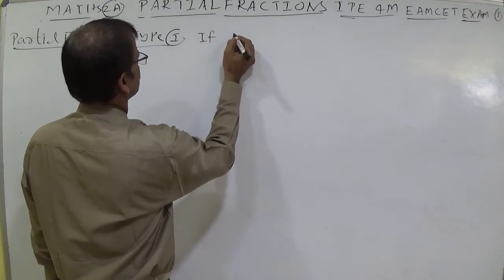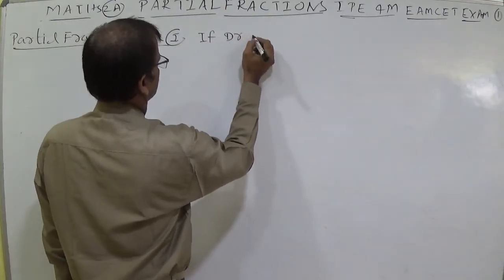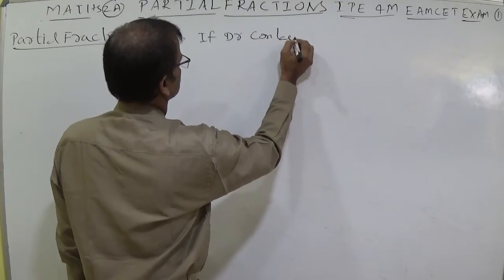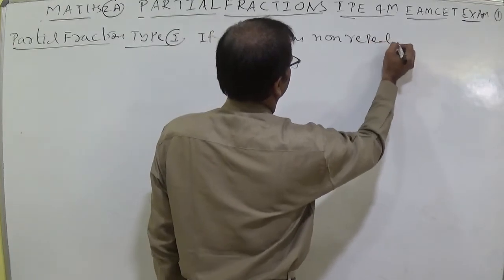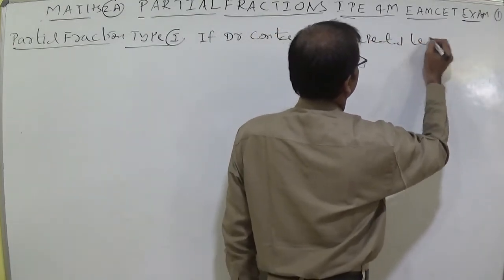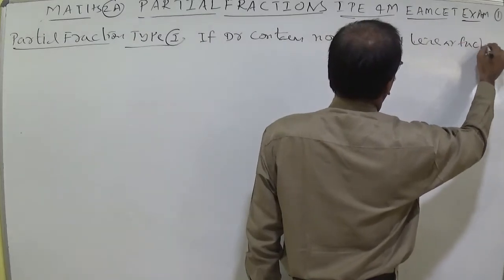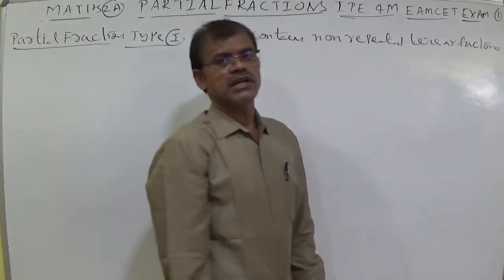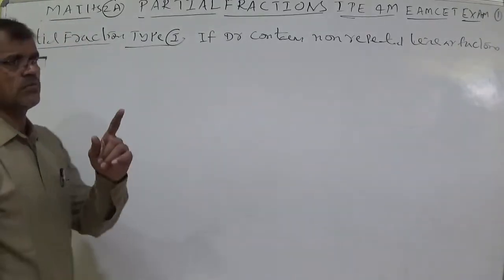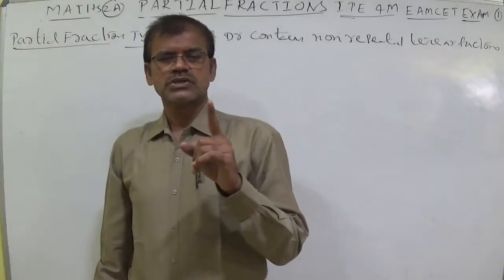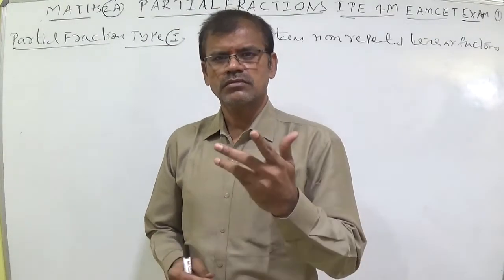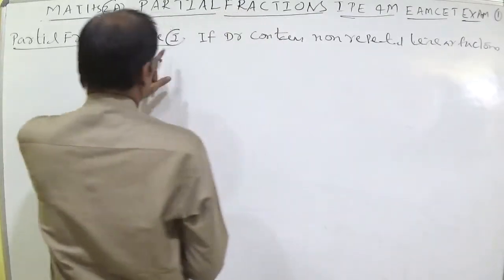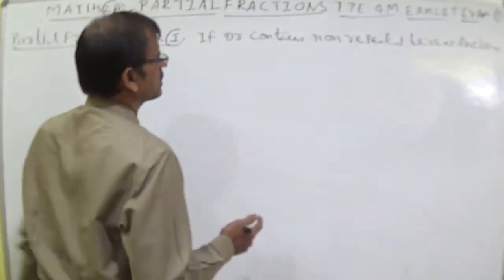If the denominator contains non-repeated linear factors. Linear means the variable has degree only 1, whether it is x or y or anything. If the denominator contains non-repeated linear factors.